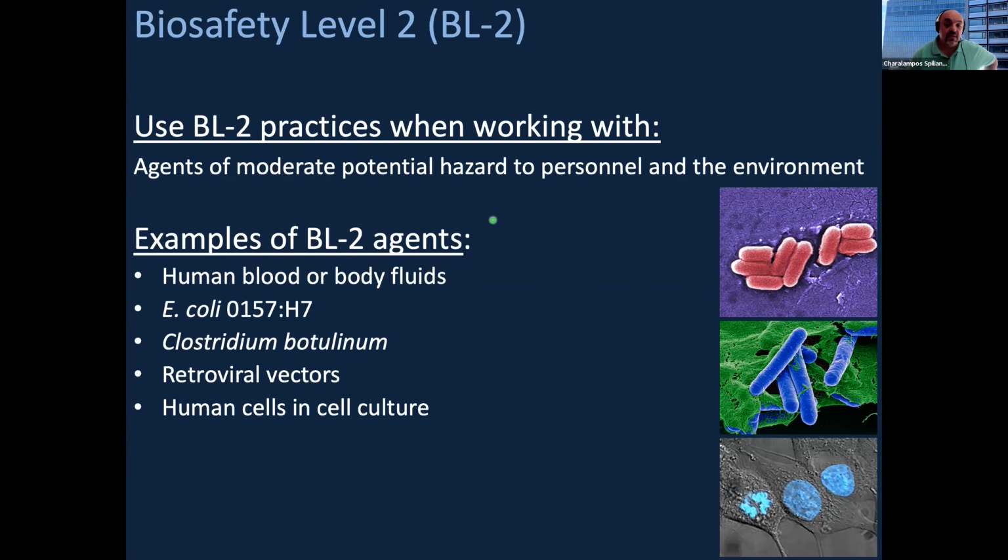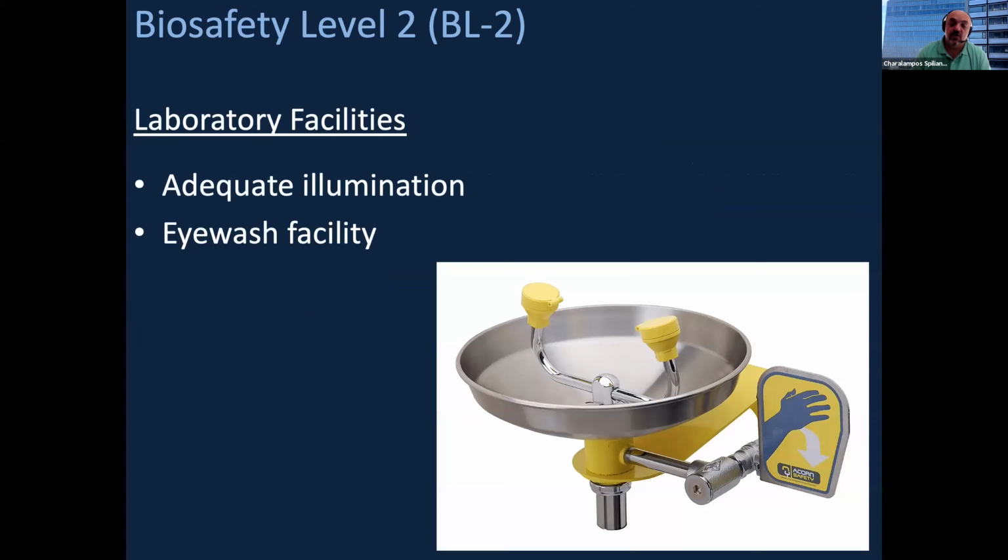We do use a lot actually in order, as I said, to transiently transfect, for example, cells or to express certain DNA fragments, and human cells in cell culture. And we do culture a lot of cells.